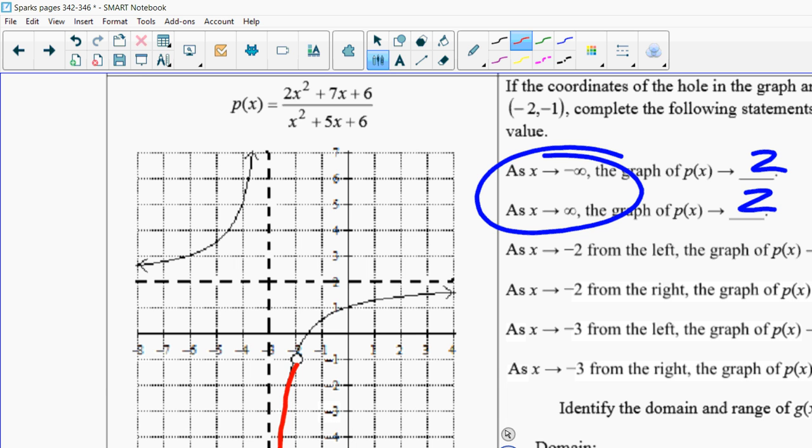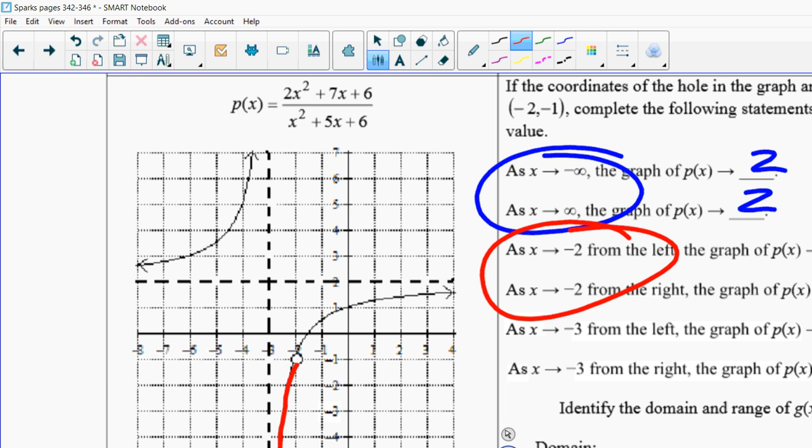As x approaches -2 from the right, what kind of discontinuity do we have there? For that particular piece, we have a point discontinuity, because as x approaches -2 from both sides, the y values approach the same number. That's a point discontinuity.